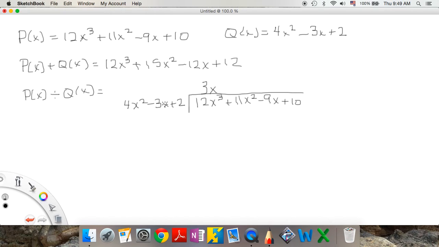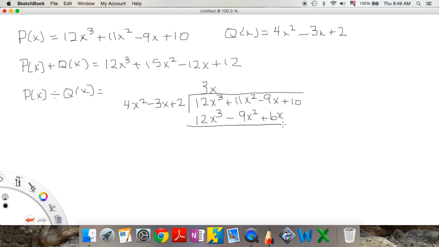So then I multiply that times all of this. 3x times 4x squared gives me 12x cubed. And then 3x times -3x is minus 9x squared. And then 3x times 2 is plus 6x.